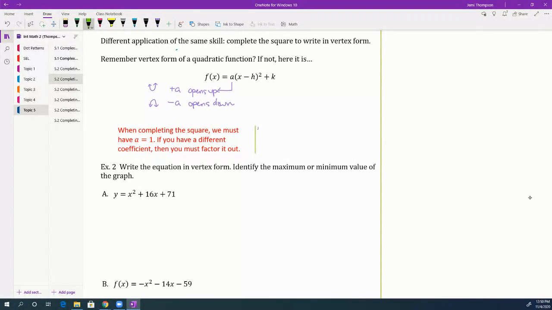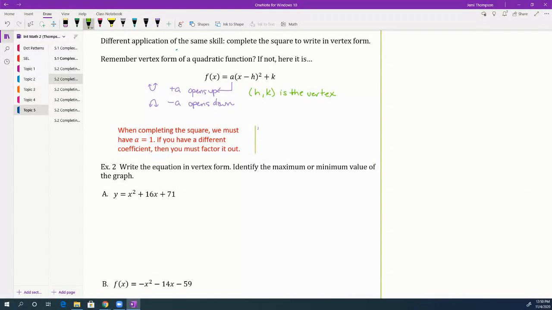The other piece of information that we're going to need to rely on is (h, k) is the vertex. So I take the opposite of what's next to x, and then k. Right? h is the horizontal shift, k is the vertical shift.